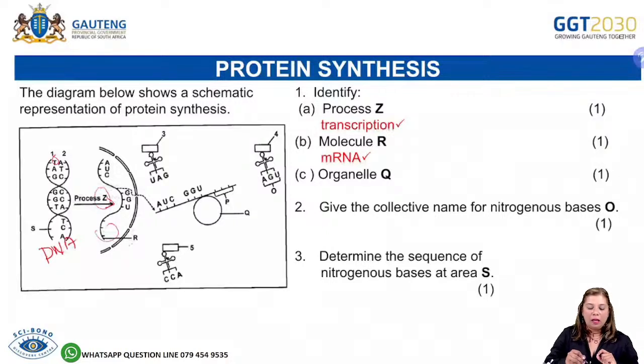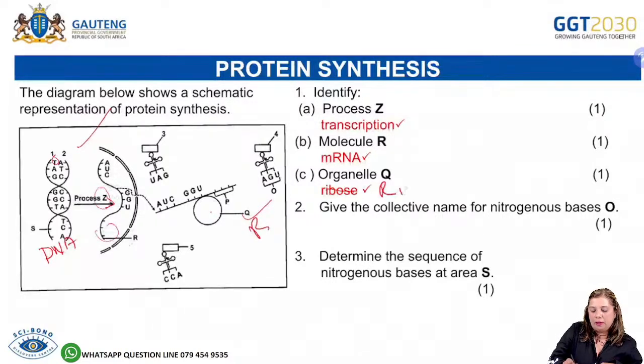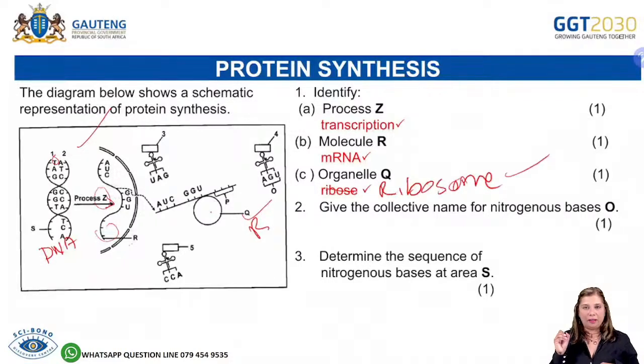Organelle Q. What is organelle Q? Because there's two organelles we're dealing with, Mrs. ribosome and Mrs. nucleus and Mr. ribosome. So if that is the nucleus, then this has to be the ribosome. Okay? Sorry about that. It's actually ribosome. And there you got the mark.